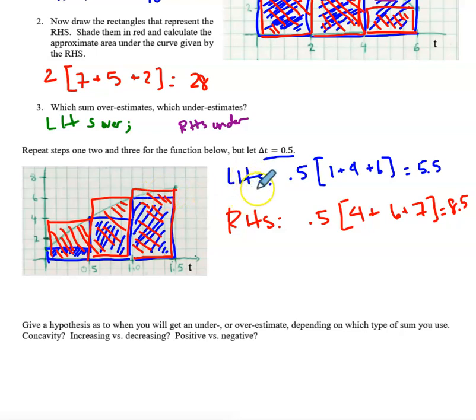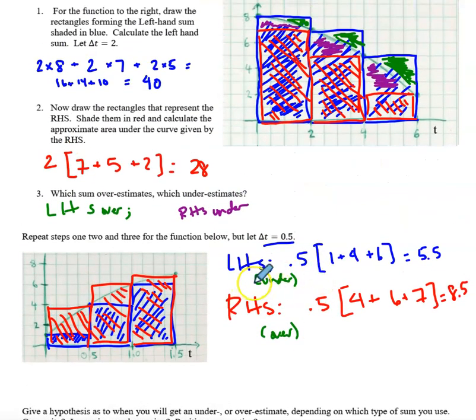The right-hand sum, of course, has sections that should not be included that are over and above the graph, so this one is an overestimate. So we've just shown where the left-hand sum overestimated the first graph but underestimated the second graph, whereas the right-hand sum did the reverse. It underestimated the first graph and overestimated the second graph.